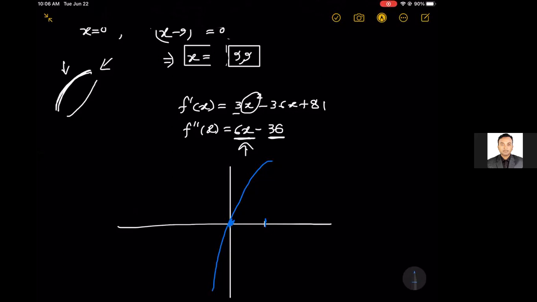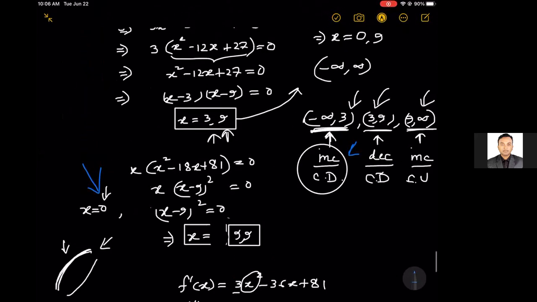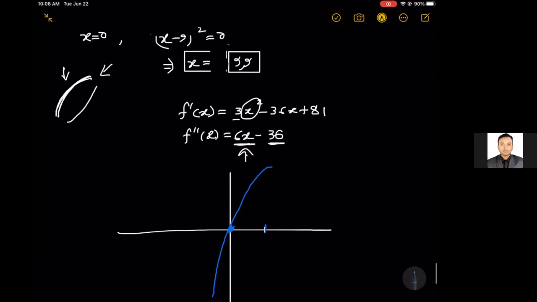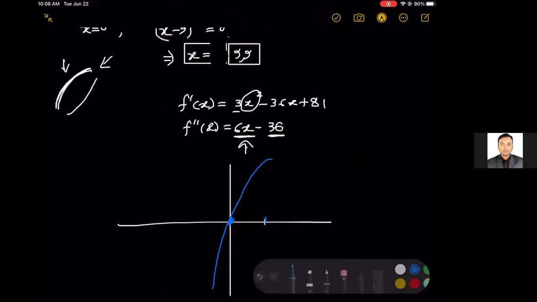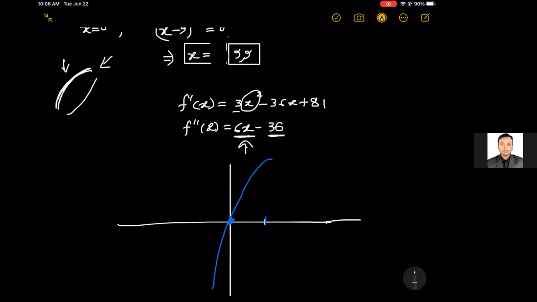All right, now the next thing is it's decreasing and concave down from 3 to 9. I think I need more space here. So let's say that's my 9. And it's decreasing and concave down. So for decreasing, it could be either this or this. Now, which one should we pick for concave down?